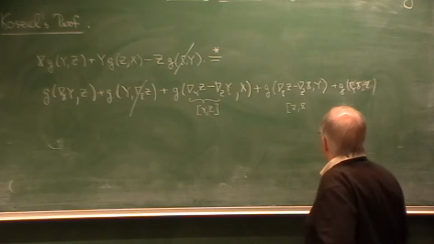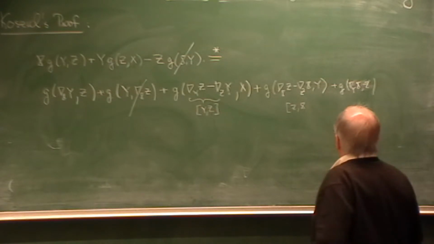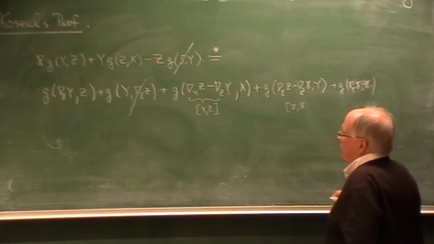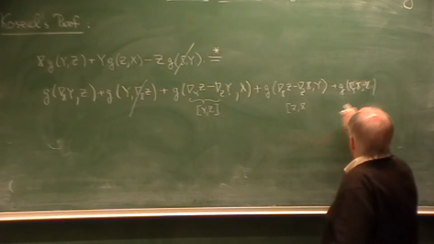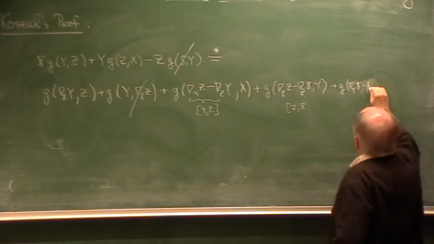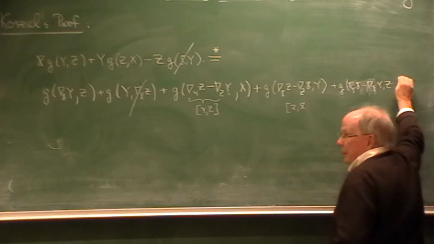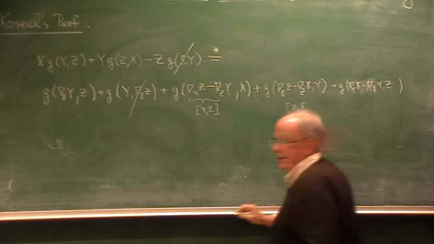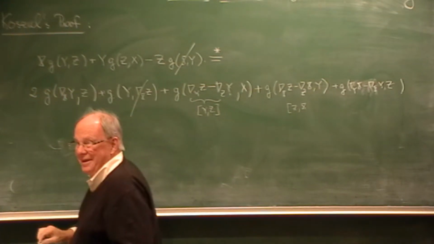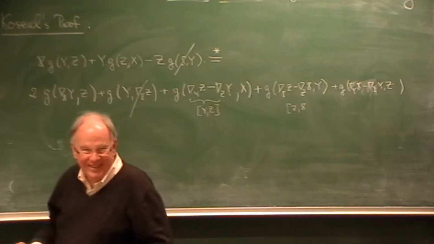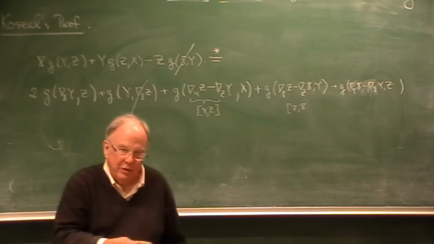So what I need to do is cheat and subtract off nabla x of y and z, and I need to put a 2 here. All right? So I want to force that torsion condition into this calculation, right?